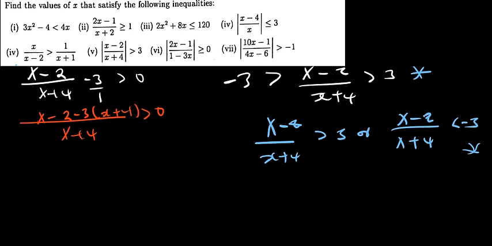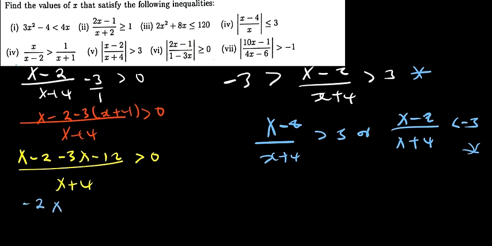Now at this point we can simplify. On top we have x minus 2 minus 3x minus 12, divided by x plus 4, greater than 0. Here you are going to realize that x minus 3x gives me negative 2x. Then with minus 2 and minus 12, I'm expecting to have negative 14.